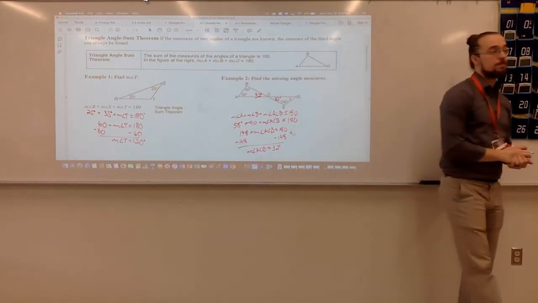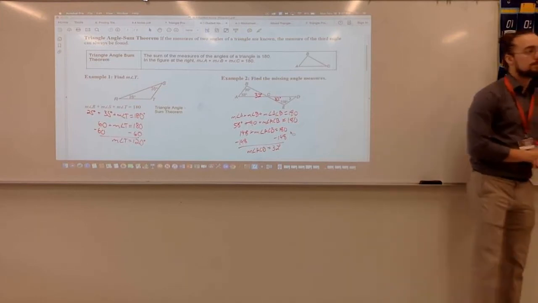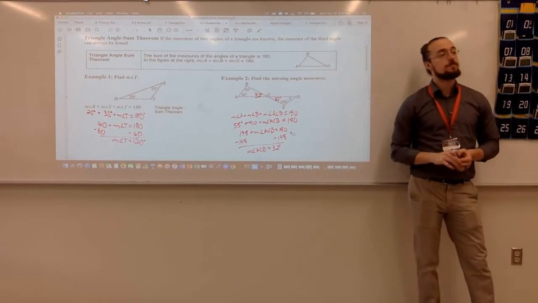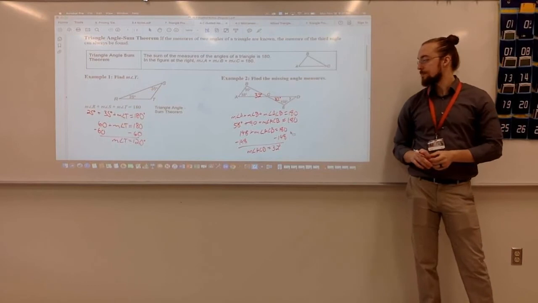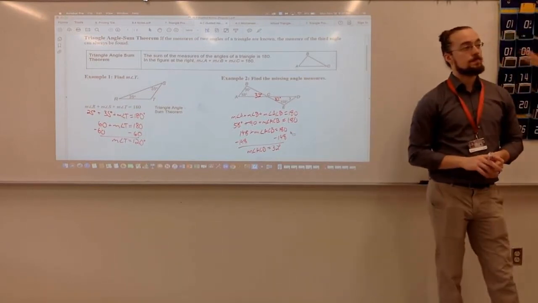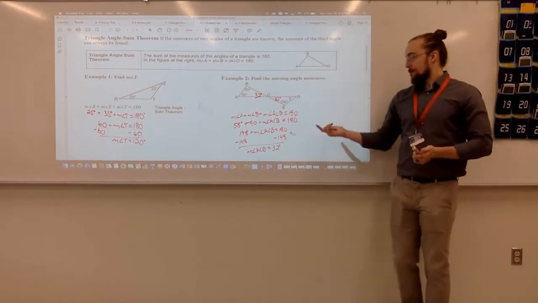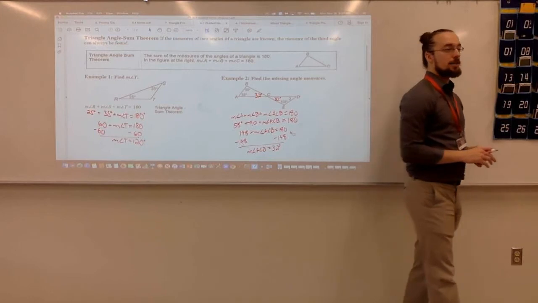Do we have to write all that out, or can we just simplify it? I mean, can you just put 90 plus 58 equals 148, and then just use your mind to figure out that angle 1 is 32? So yes, we're just doing simple subtraction here.